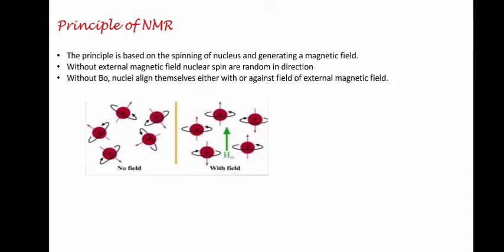Principle of NMR spectroscopy. The principle is based on the spinning of nucleus and generating a magnetic field. Without external magnetic field, nuclear spins are random in direction. With B0, nuclei align themselves either with or against the external magnetic field.